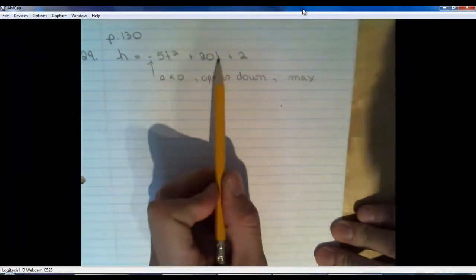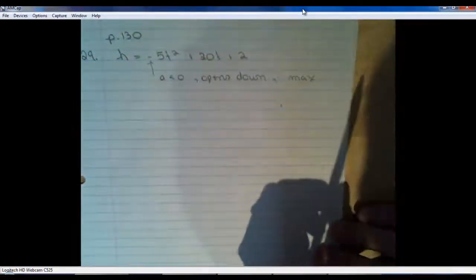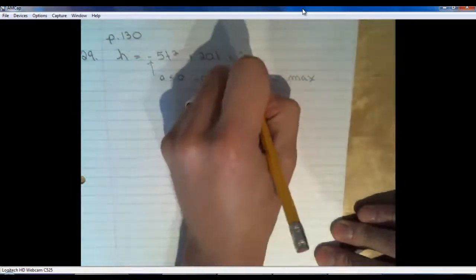Also, from this equation, you can tell what the y-intercept would be. Our y for this question is h, and if you set t equal to 0, put a 0 in for t, all that goes away, and you're left with, at the value of t equals 0, h is 2. So 2 is our y-intercept.